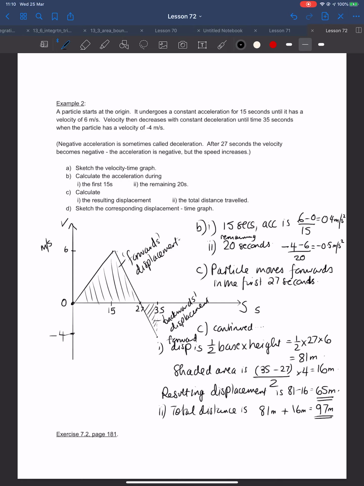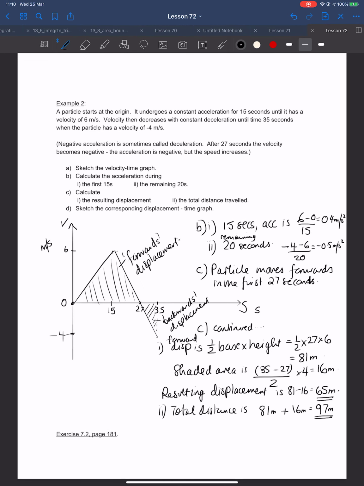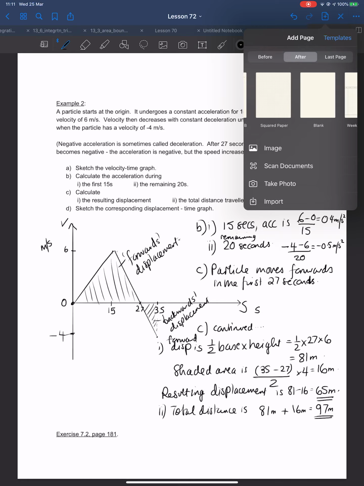Okay. And D, sketch the corresponding displacement time graph. I'll put a new page in. Blank page.